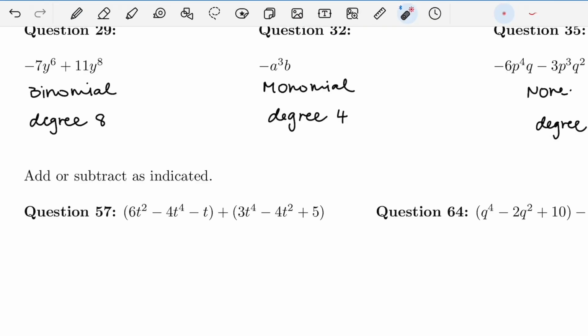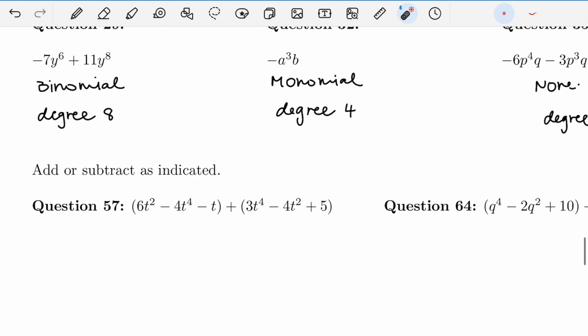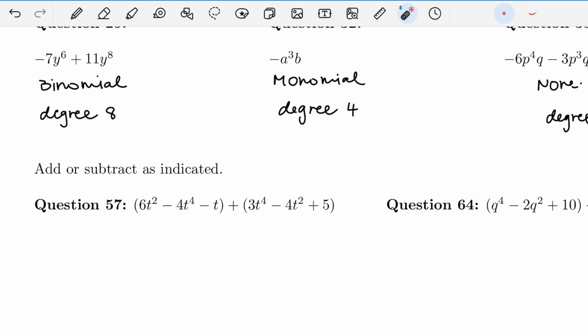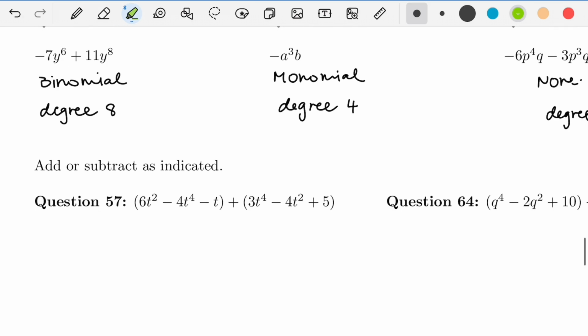Alright, so this brings us to adding and subtracting polynomials. For this question, what we want to do is add these two polynomials. We can easily add them by combining like terms. So let's do some color coordination to point out our like terms. In our first polynomial, we have 6t squared, and in our second, we have minus 4t squared.